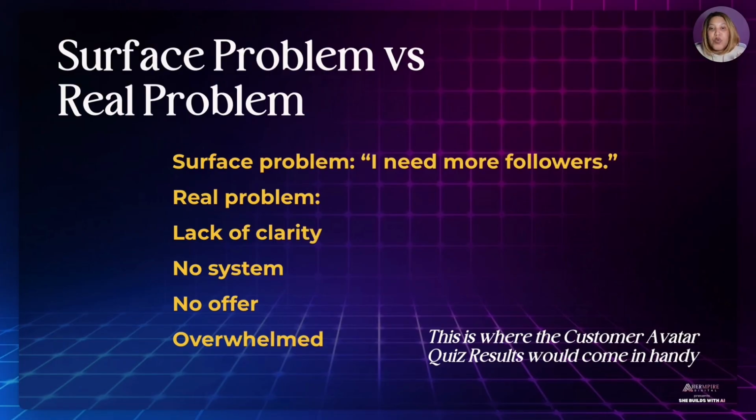Okay. What are they really saying that they're not saying verbally? A lack of clarity, no system, no offer, or are they in constant overwhelm? Like when you start understanding their real struggle, you're instantly standing out from other creators, right, because you're speaking to what's unsaid, should I say, right? So if a person came to me and said, D, how do I start a Skool community?